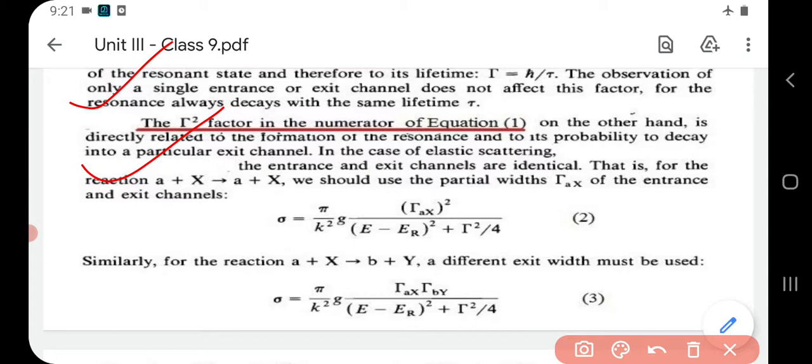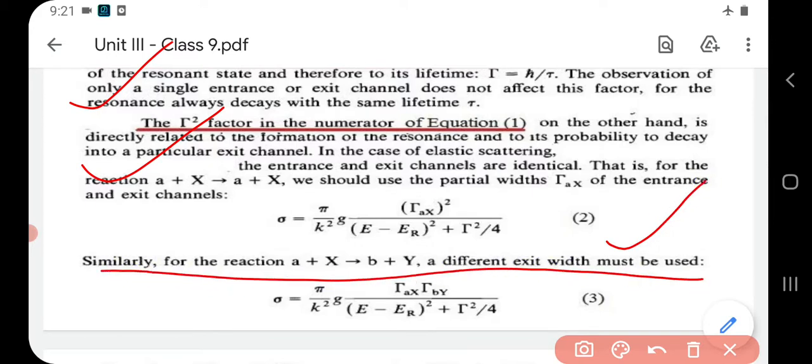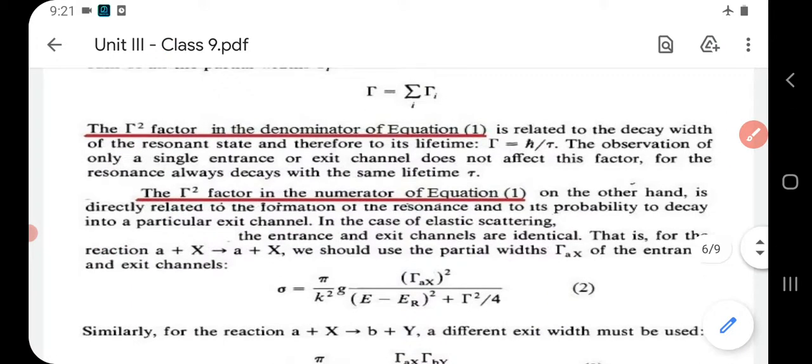In the case of elastic scattering, entrance and exit channels are identical. That is, for the reaction A plus X giving A plus X, we should use the partial width tau AX of the resonance and exit channels. So you can mention equation 2. Similarly, for another reaction, a different exit width will be used, equation 3. So this slide you can write.